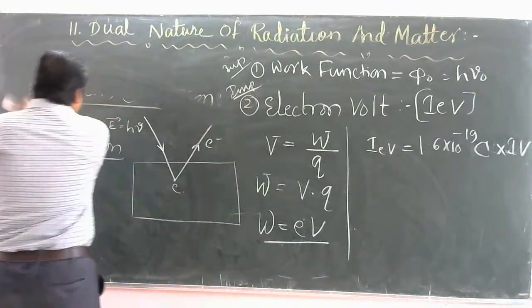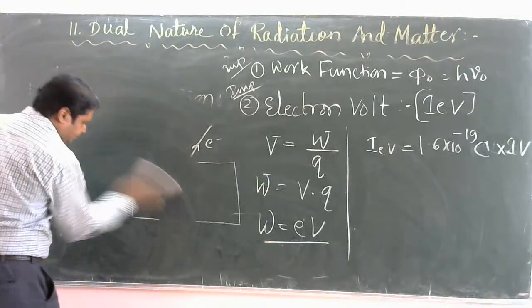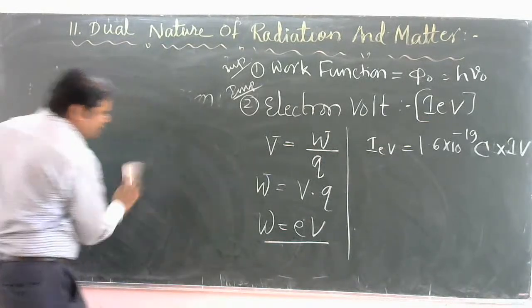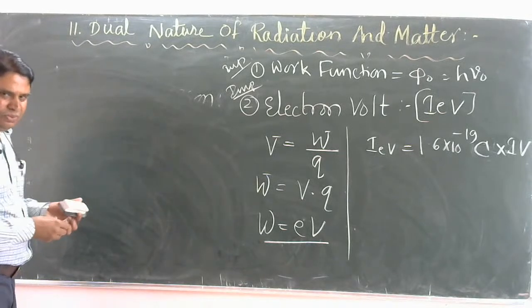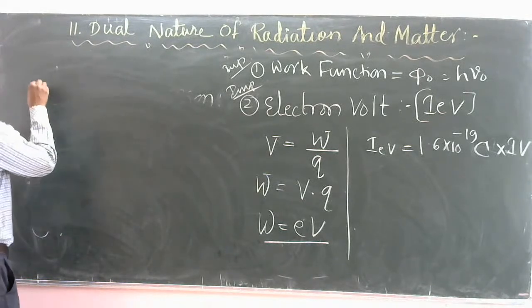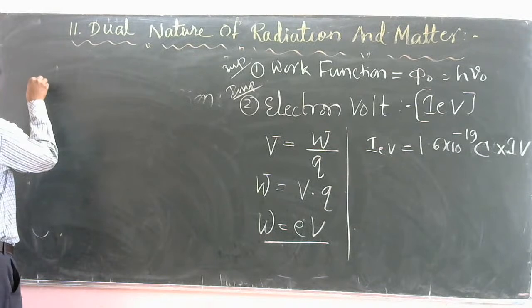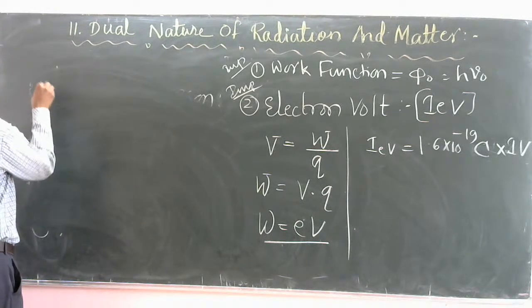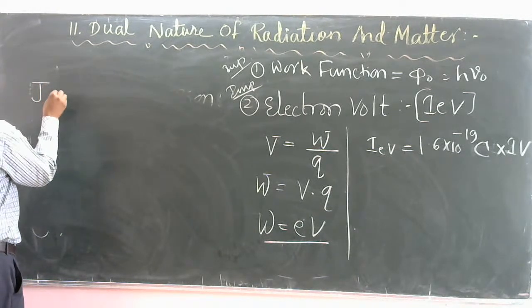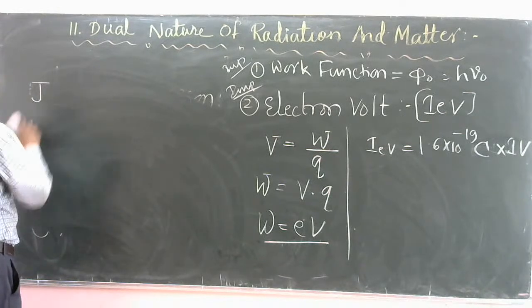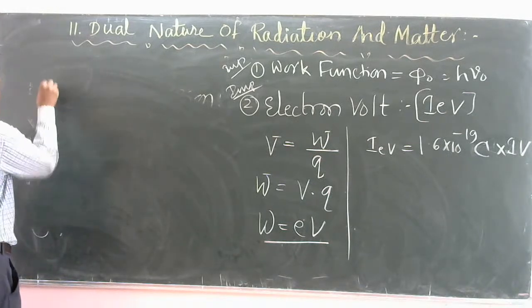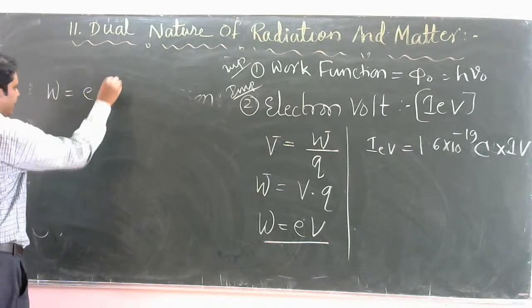Now the question is, what is the relation between joule and electron volt? Let us try to understand. W is equal to eV.